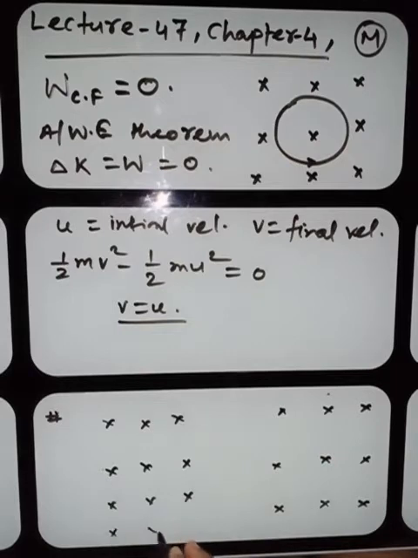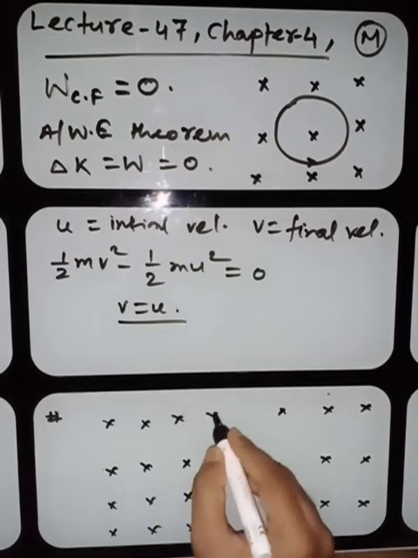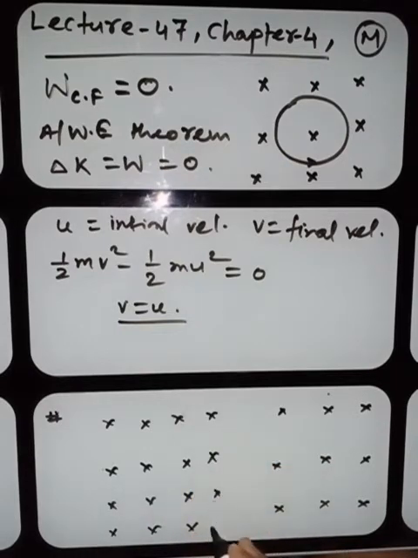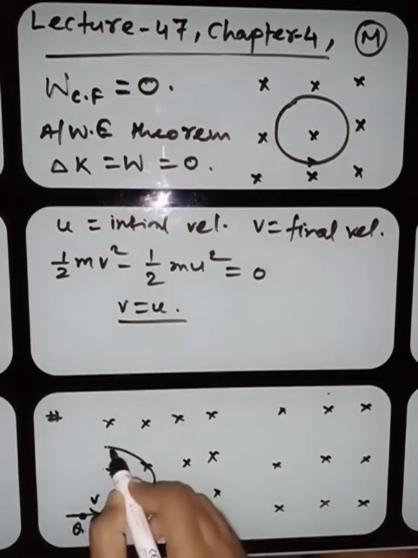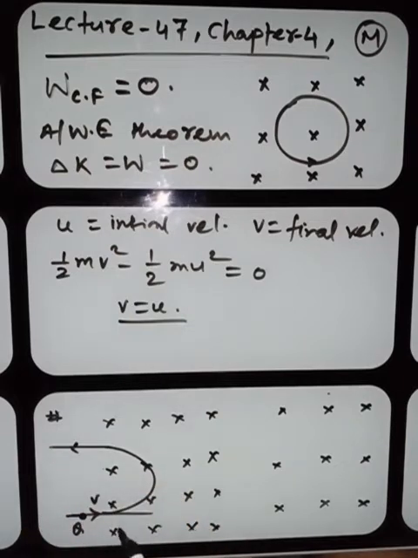So what is the important point I am going to discuss? If you project any charged particle from outside, be careful and try to note it down. If any charged particle is projected from outside, it will leave the field for sure.